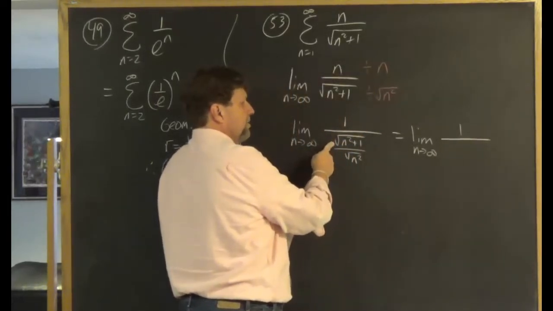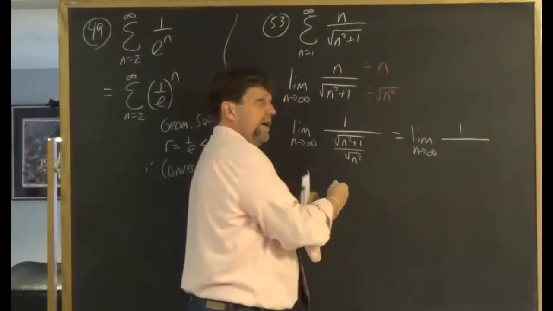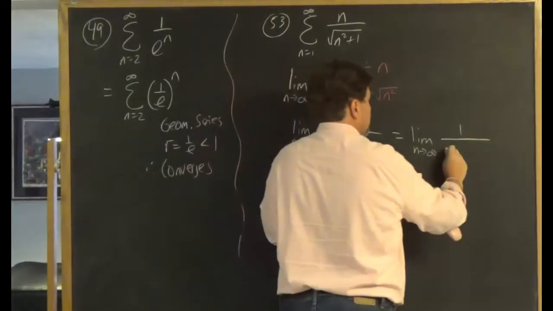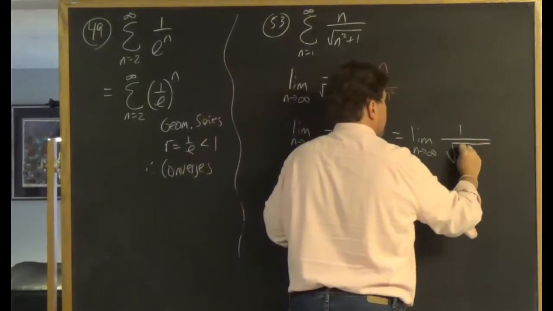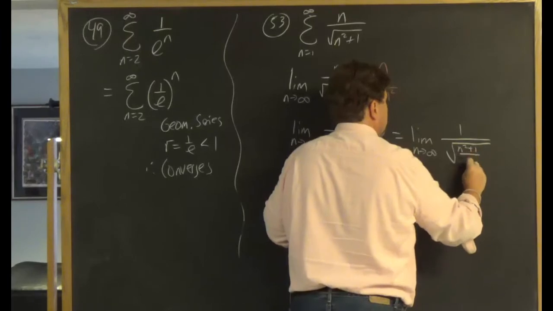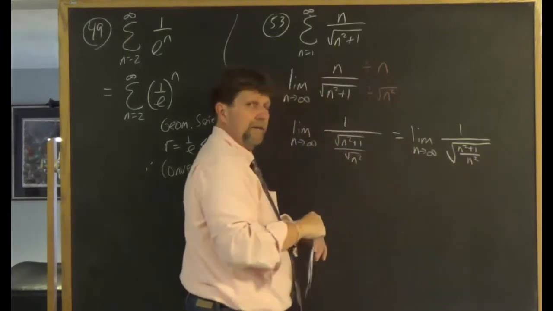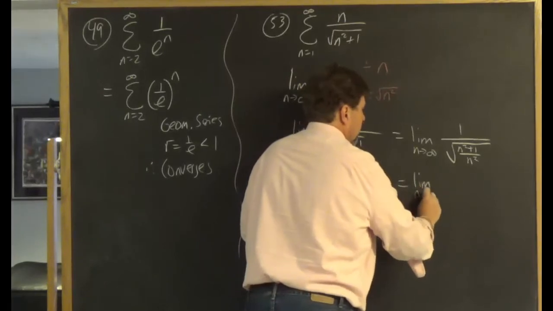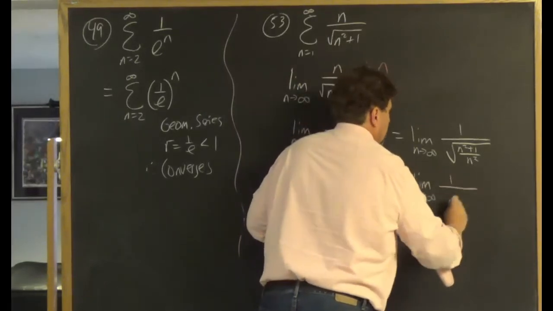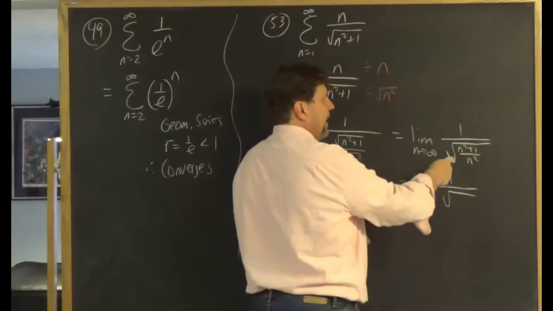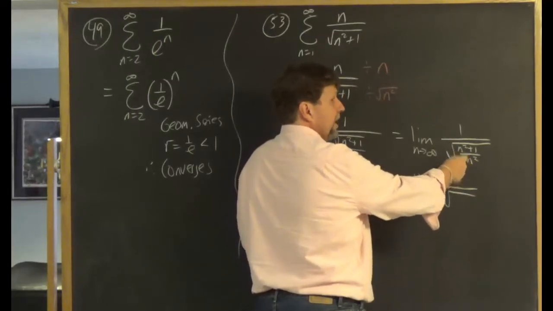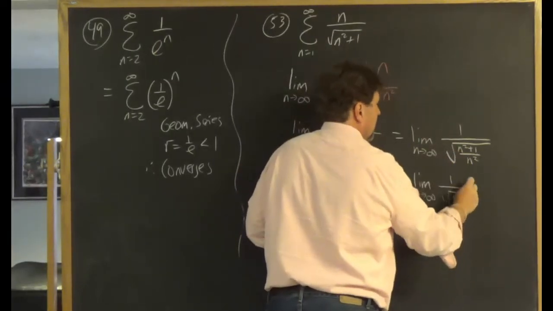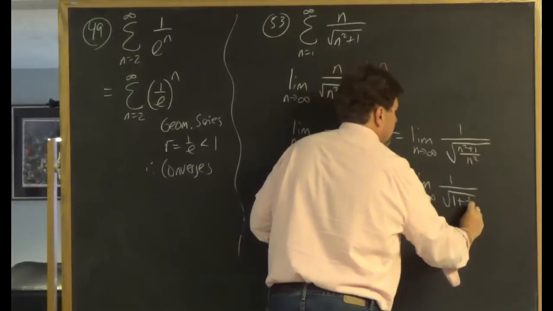the square root of n squared plus 1 over the square root of n squared, thanks to a property of radicals, I can write that as the square root of n squared plus 1 over n squared. Then under the radical, I can simplify: n squared over n squared is 1, plus 1 over n squared.